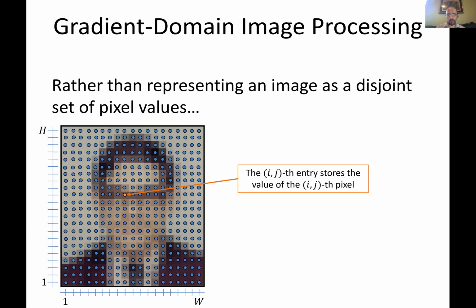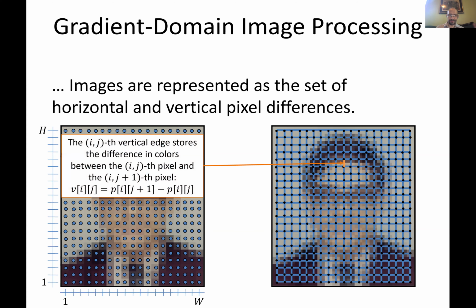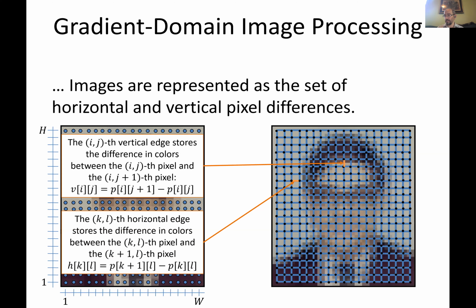Instead of doing that, what we're going to do is store values not on these cells or at these pixels, but at edges between pixels, these horizontal and vertical edges. So, at the ijth vertical edge, we'll store the difference between the value of pixel ij and the value of pixel ij plus 1. We'll also store values at horizontal edges, which store the difference between neighboring horizontal pixels.